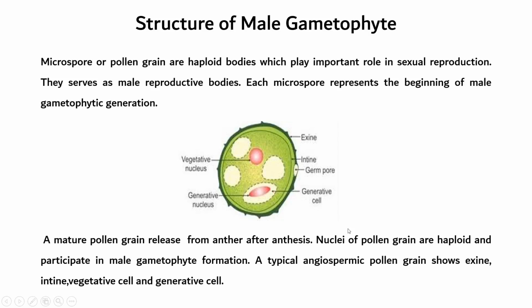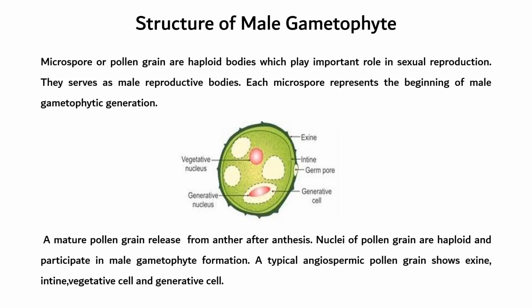The next part is the generative cell. This generative cell is smaller, placed at one side, mostly the lower side of the pollen grain, with a special functional nucleus. It is spherical or undergoes a lot of changes during pollen development.